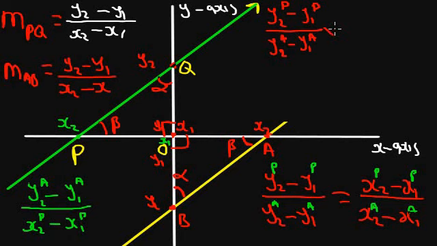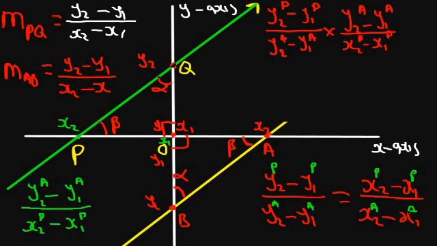Then I'm multiplying that with the whole thing over here: y2 raised to a minus y1 raised to a divided by x2 raised to p minus x1 raised to p.